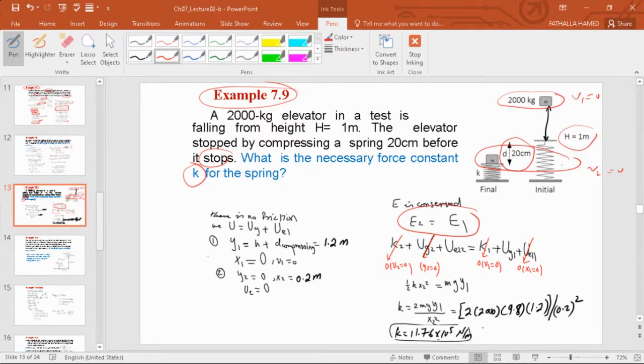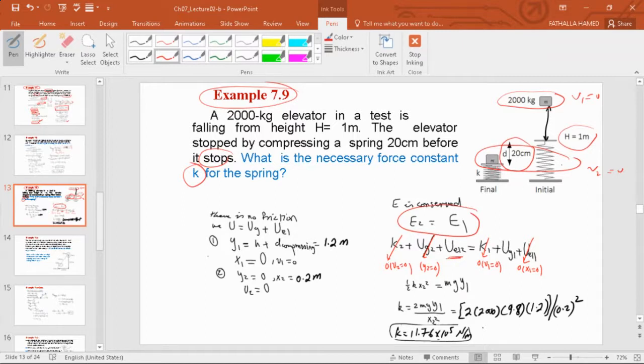So you're going to say that K2 plus U2 due to the gravitational potential plus the elastic potential should equal K1 plus U1 gravitational plus U1 elastic. Now for K2, the v2 is going to equal 0, so that goes to 0.